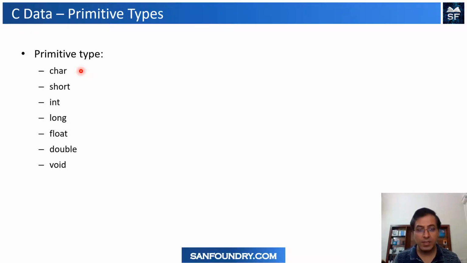It does not mean that it's always a character like A, B, C, D, whatever symbols you see on your keyboard. A char can have a value, because ultimately in memory, what do we store? We store bits. Think about a byte, we have 8 bits of information, which can always be written in terms of some character.